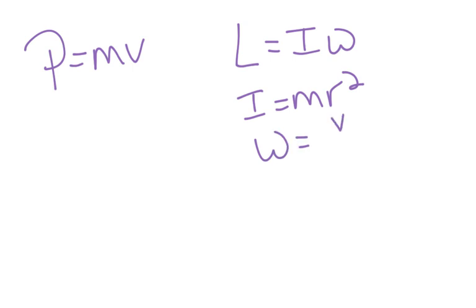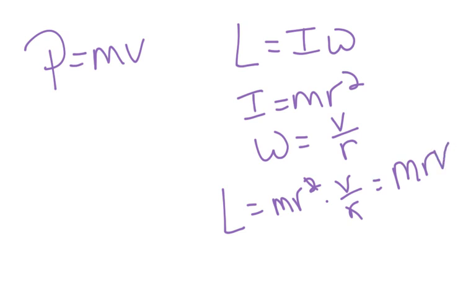And then angular velocity can be found by taking linear velocity divided by radius. So I'm going to substitute those into my angular momentum equation. So I get mr squared times velocity divided by radius. One of these goes away. So you can see I have a new equation for angular momentum. You can compare that to the linear momentum.